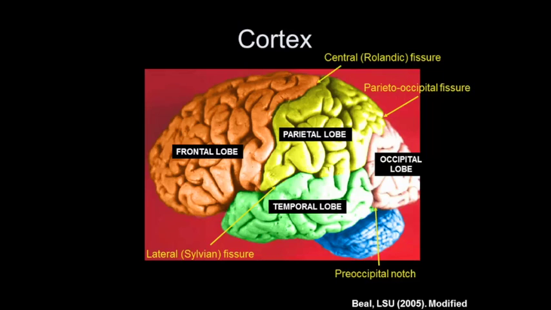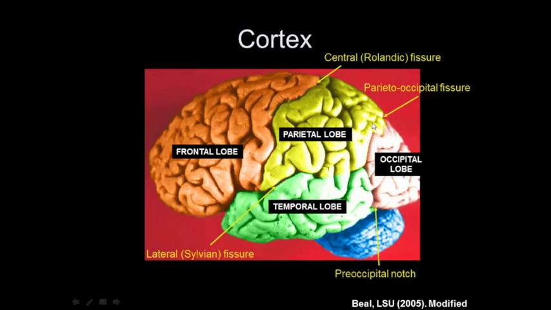Everything has at least four names. It's one of the important ones that you need to know, and it basically defines the location of the frontal lobe. In front of it will be the frontal lobe. Then another important fissure is the lateral or Sylvian fissure, or lateral sulcus, or Sylvian sulcus, and below it is the temporal lobe.